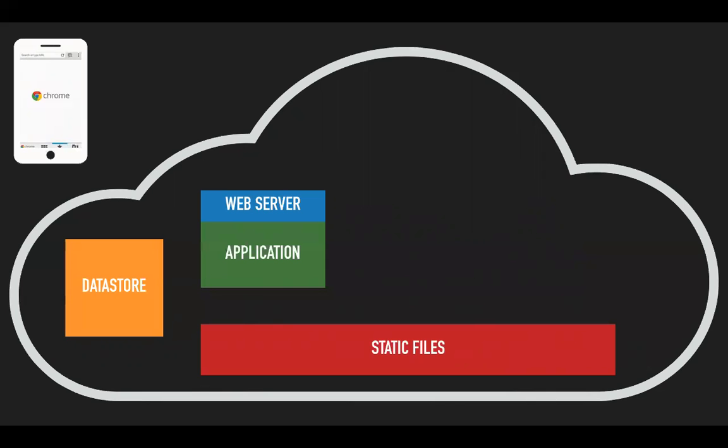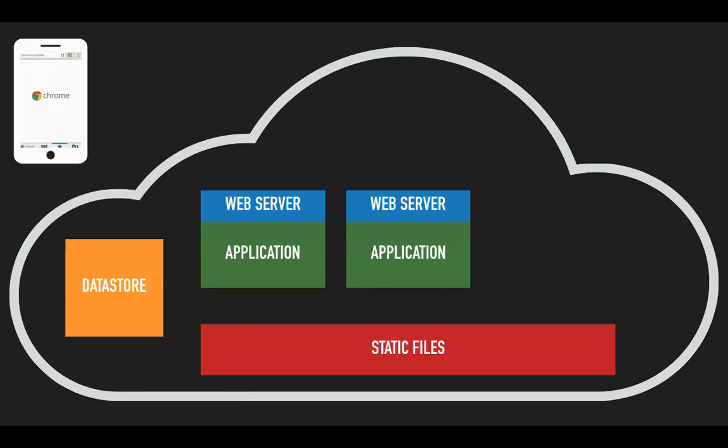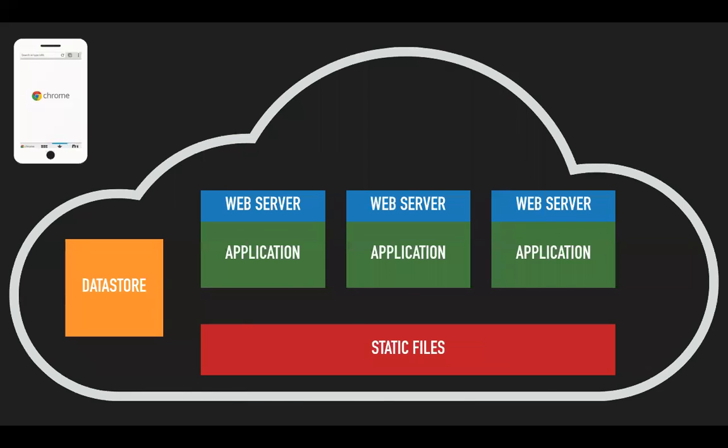But if you're using Heroku, for example, your web server application is on one system, your data store maybe on one or other multiple systems, Postgres, and then your static files could be on an entirely different system. But so far, this is looking pretty familiar. But we realize that oftentimes when we're hosting something in production, we might be running multiple application servers for redundancy, you know, in case one of the boxes goes down, for reliability.